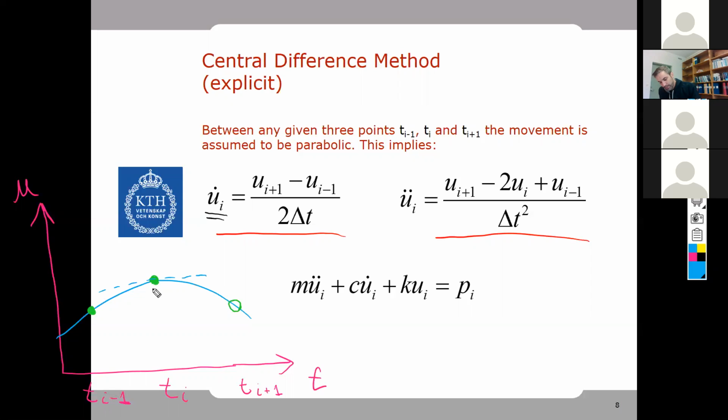We are approximating this slope by the difference between that one and that one divided by 2 delta t. So this expression here is this slope.